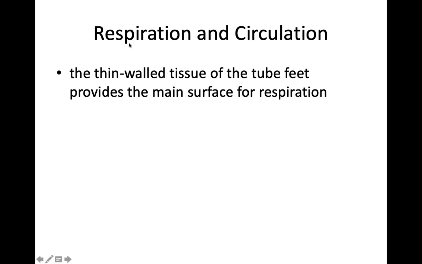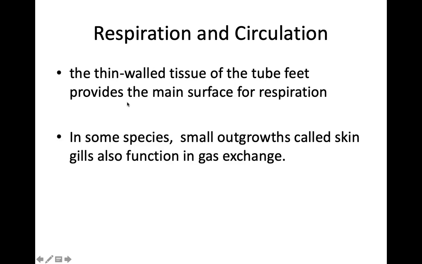And so for some echinoderms, they basically breathe through their little tube feet. In some species, another adaptation is that they might have little skin gills, little extensions of the surface of their skin, and that acts as an area where gas exchange can happen for them.